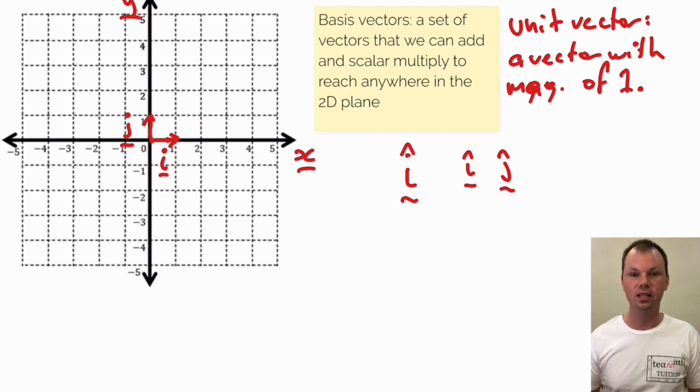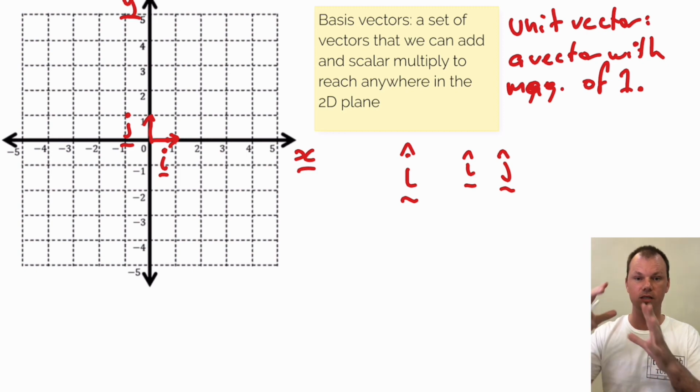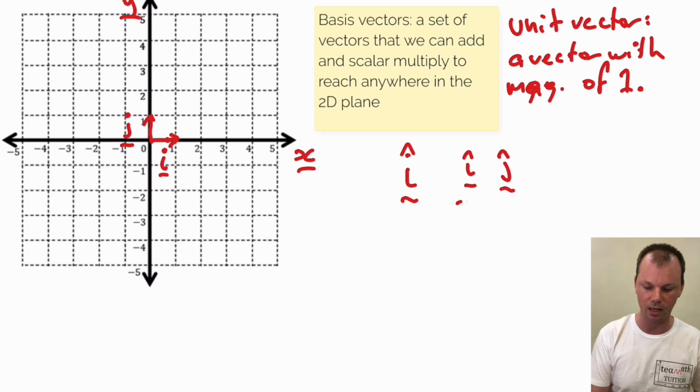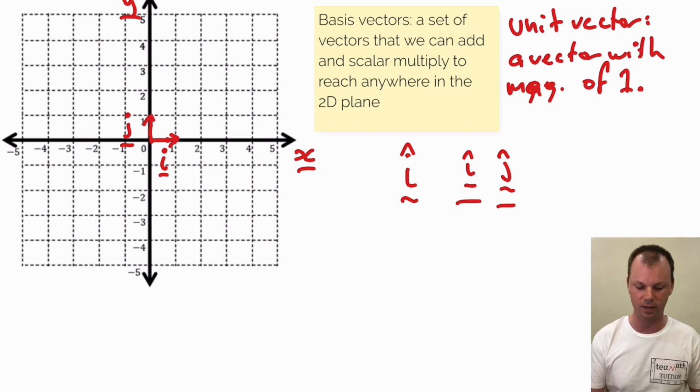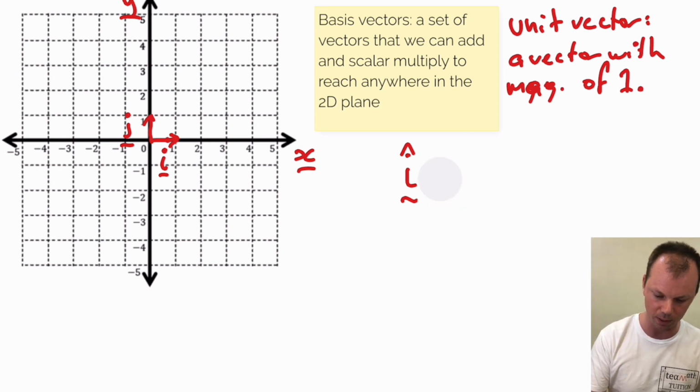Now, why these vectors are so useful is we can represent any vector in terms of its basis vectors, or in this sense, a component vector, because the larger vector is made up of little components, which are in the form of these basis vectors. So again, I'll show you what I mean.